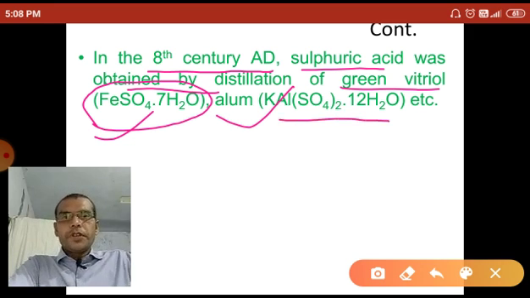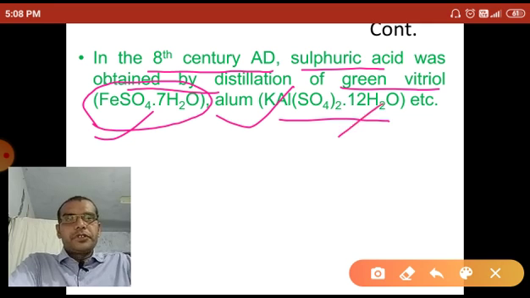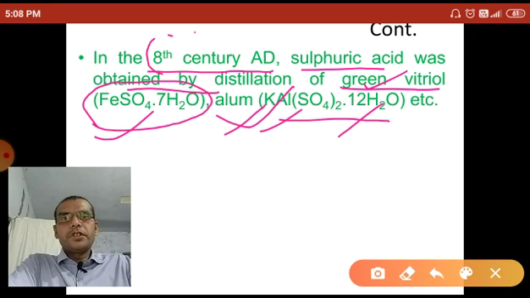That means potassium aluminum sulfate decahydrate. So by the distillation of green vitriol and alum, scientists obtained sulphuric acid in the 8th century AD.